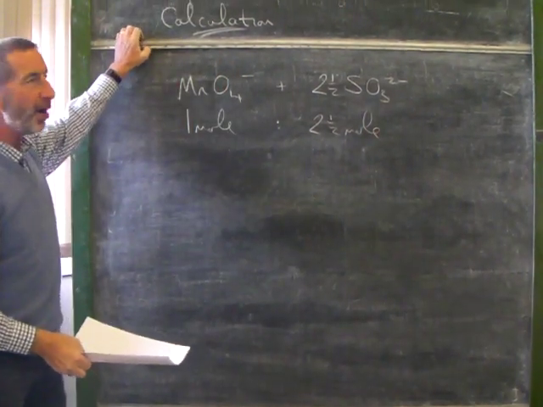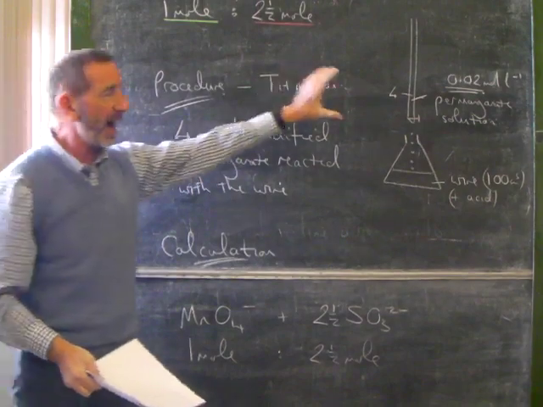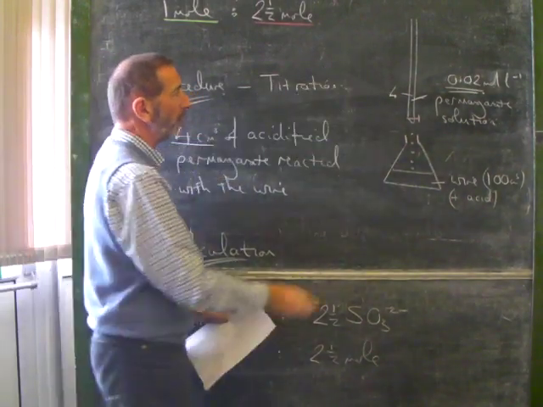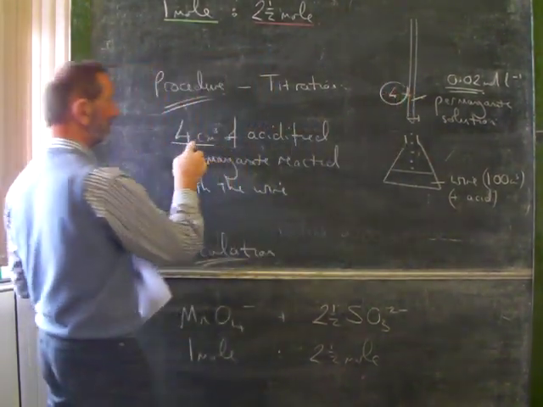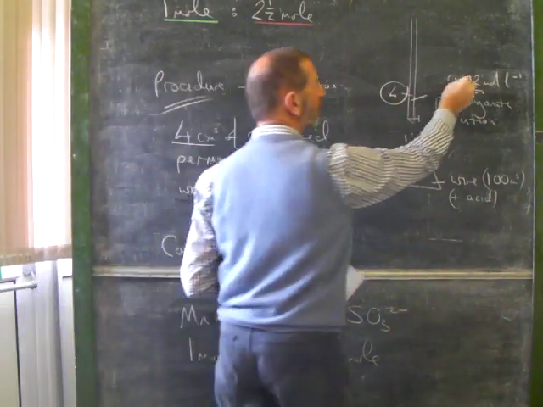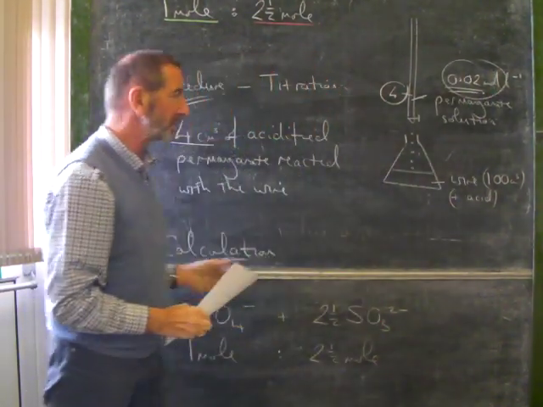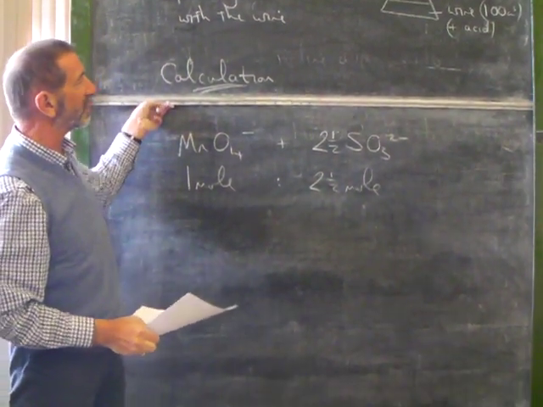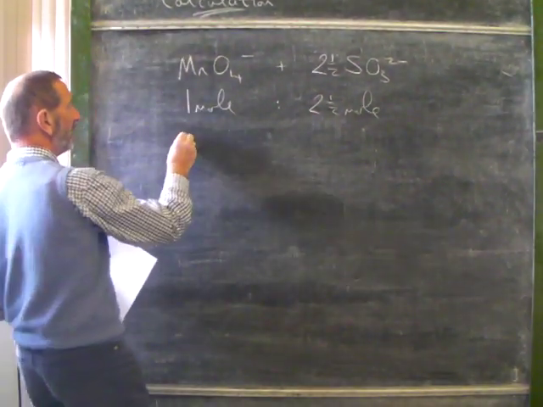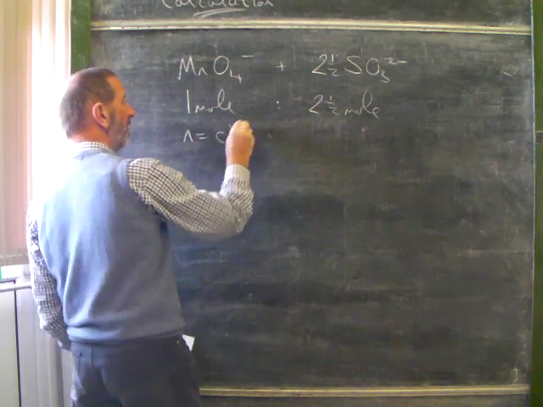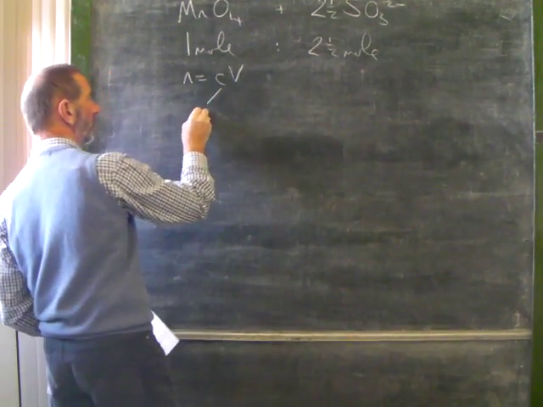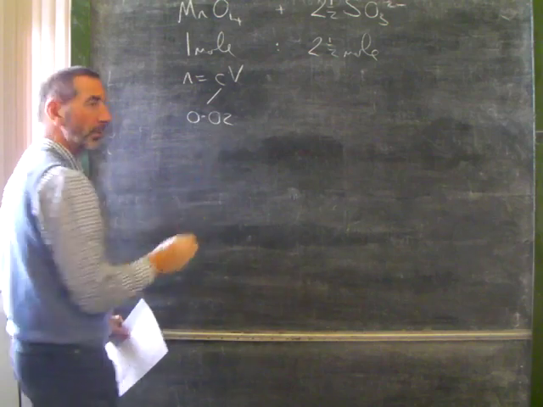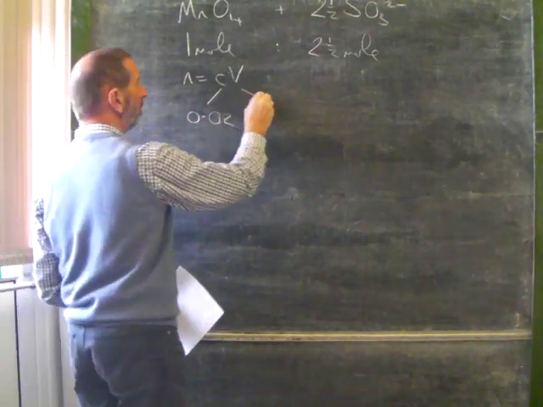The question is, how much permanganate was actually added in this titration? Well, we know the volume, 4 cubic centimetres, and we know the concentration, 0.02. So if we know these two numbers, we can work out the actual quantity of permanganate using n equals CV. The concentration, we said, was 0.02 moles per litre, and the volume, 4.